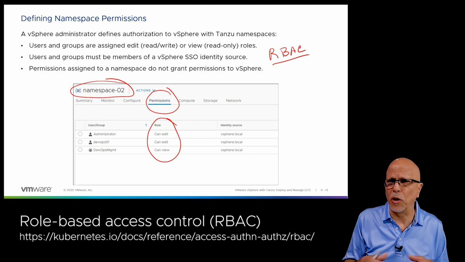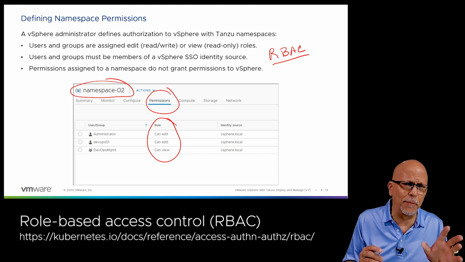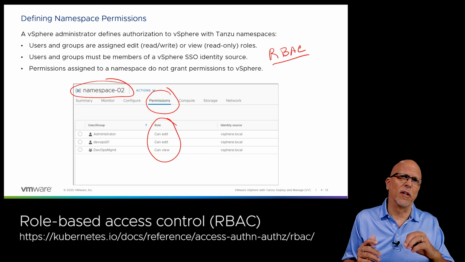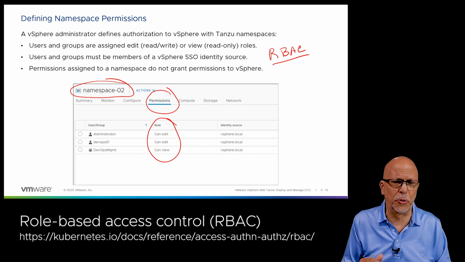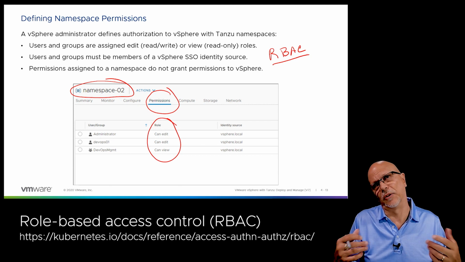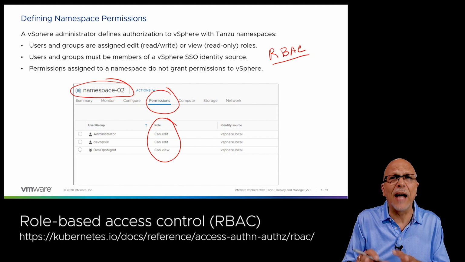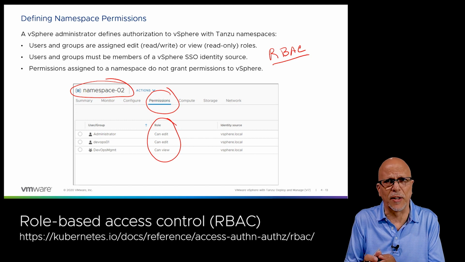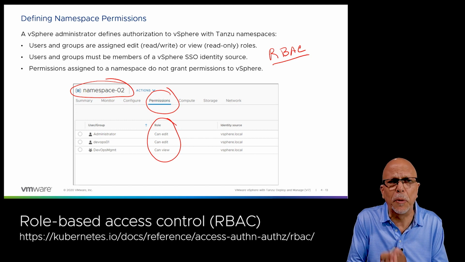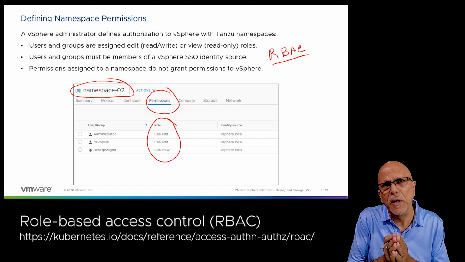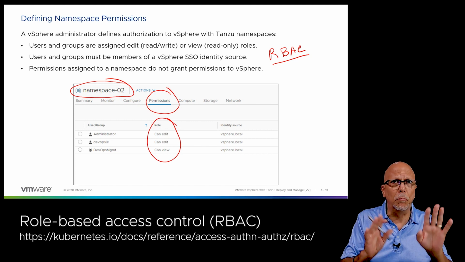You define different objects or API groups. You can define what we refer to as verbs. Can they read? Can they edit? Can they delete? That's all defined inside Kubernetes. And to truly put permissions onto a namespace, you need to do both.